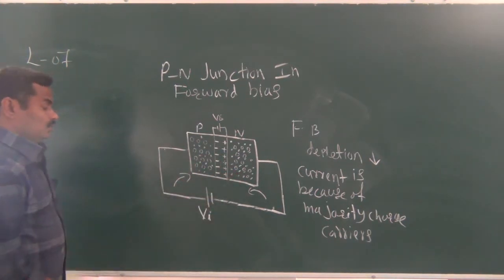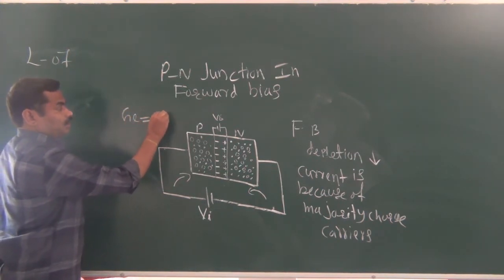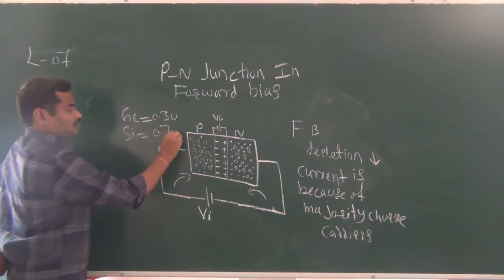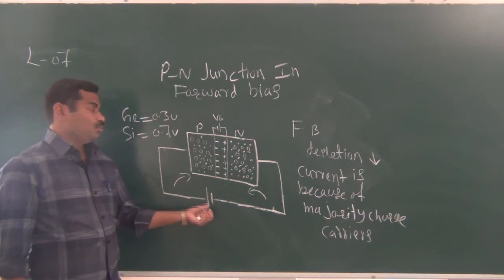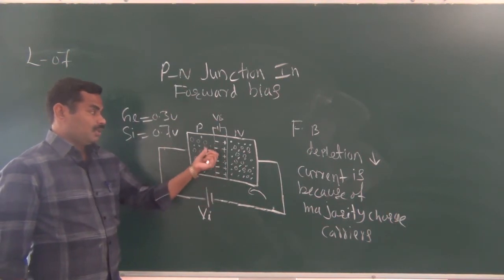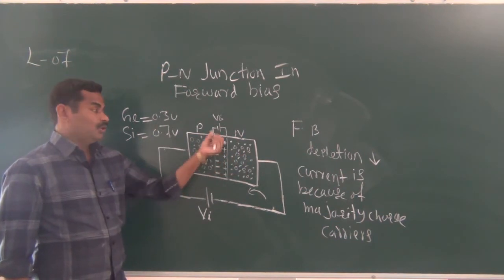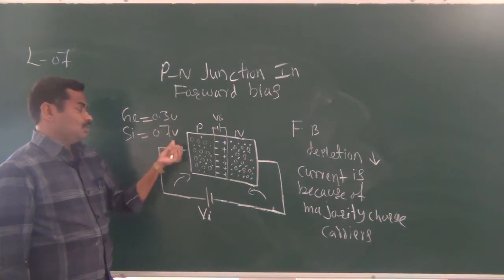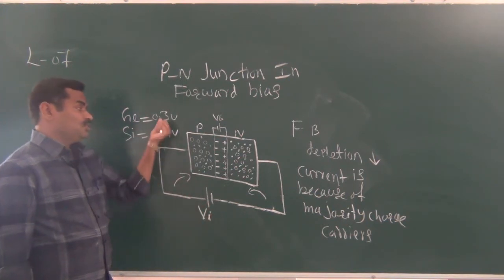And as you know, for germanium the barrier potential is 0.3 volt, and for silicon it is 0.7 volt. It means if you have to apply some voltage, that voltage should be more than 0.7 for silicon and more than 0.3 for germanium. Then only your electrons will diffuse from N to P, P to N. You have to get through this barrier potential.